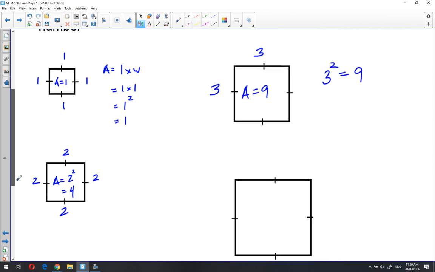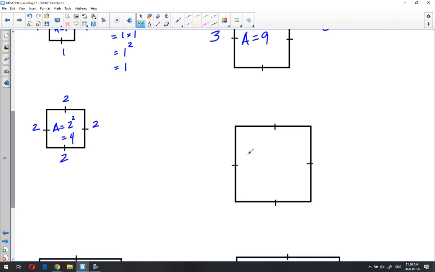Now let's get a little bit bigger. Suppose this area was equal to 25. If the area was 25, what do the side lengths have to be? Think about it. What two numbers, exactly the same numbers, when you multiply them together will give you 25? Well, that's 5.